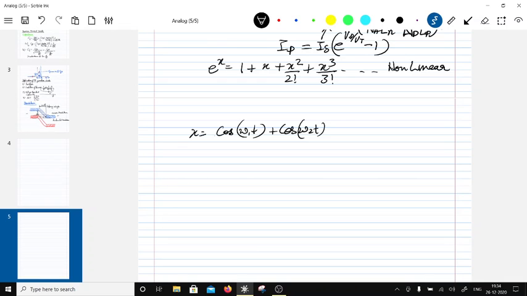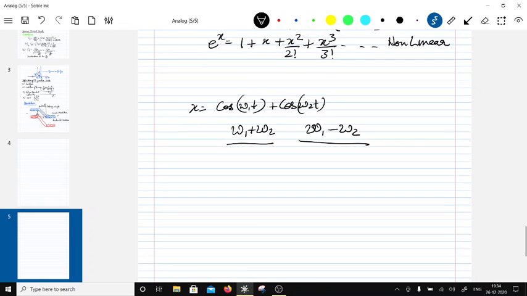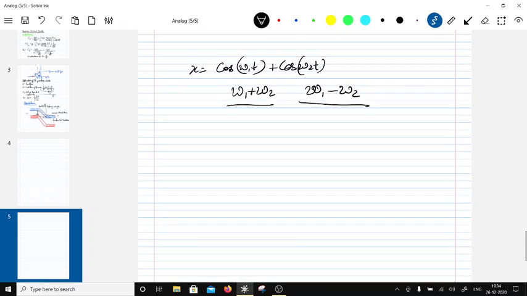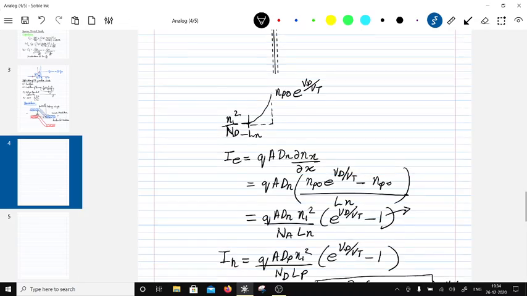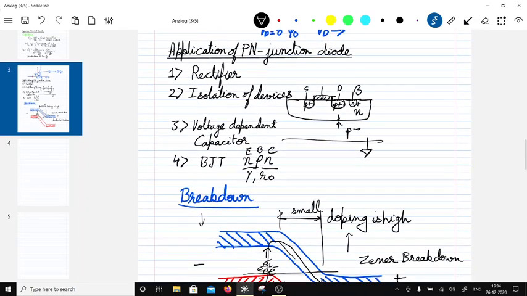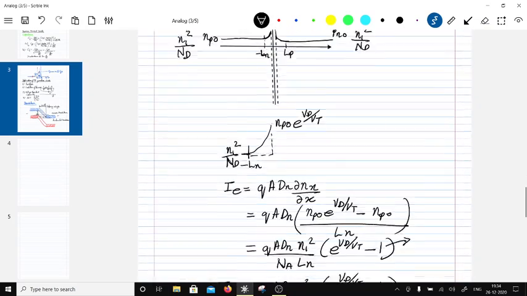So if I consider the even order mixing over here, this will generate components omega 1 plus omega 2 and omega 1 minus omega 2. So this is called mixing, right? So this is usually used in a mixer, so a diode can be used as a mixer. So one of the applications of a diode which we are jotting here, the fifth one, is that a diode can be used as a mixer because of its non-linear relationship between voltage and current.